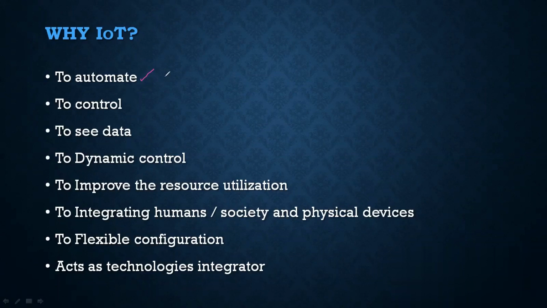If you want to wake up early in the morning, you set an alarm on your mobile phone. At that time, the alarm will give you sound. So you wake up and you shut off your alarm. Whenever you turn off that alarm, that phone automatically gives the signal to the heater in the bathroom.